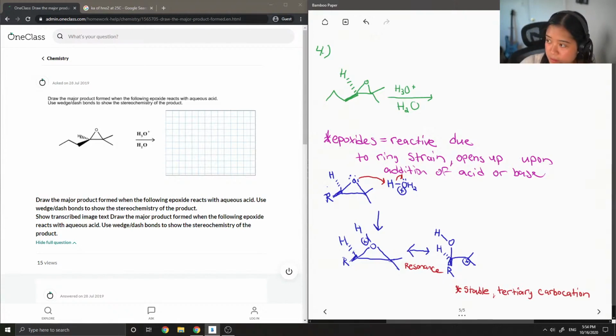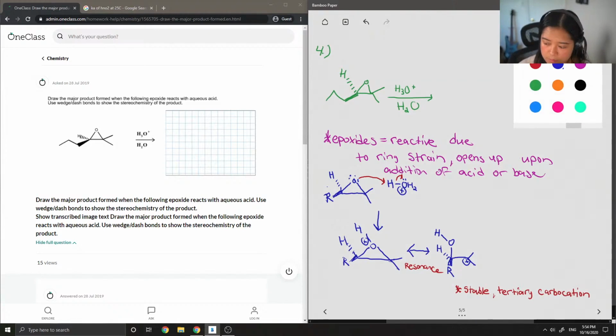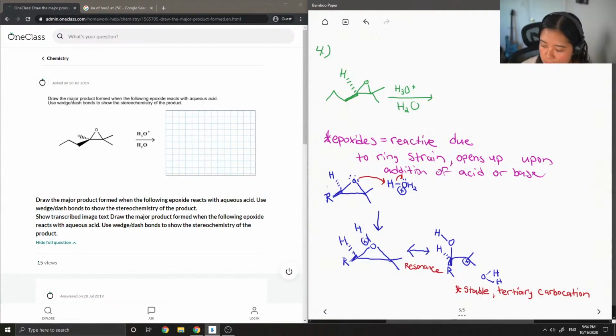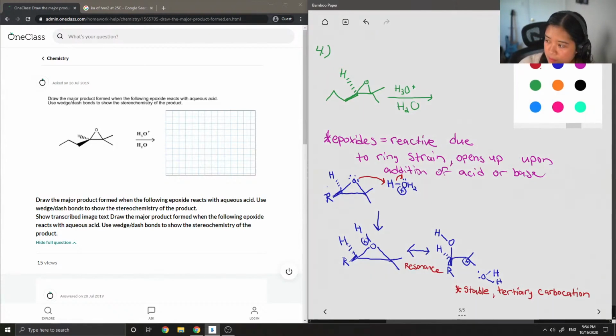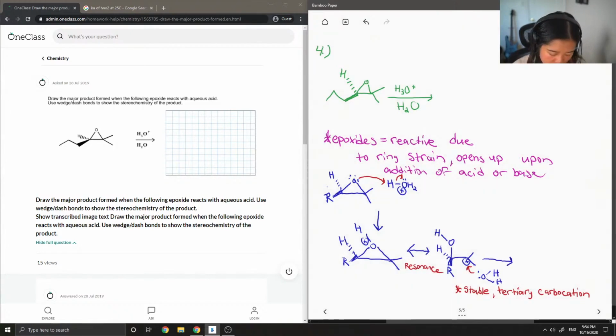And then what happens next is that you have a water molecule come in, and then it comes and neutralizes that carbon. And then you end up with something looking like this.